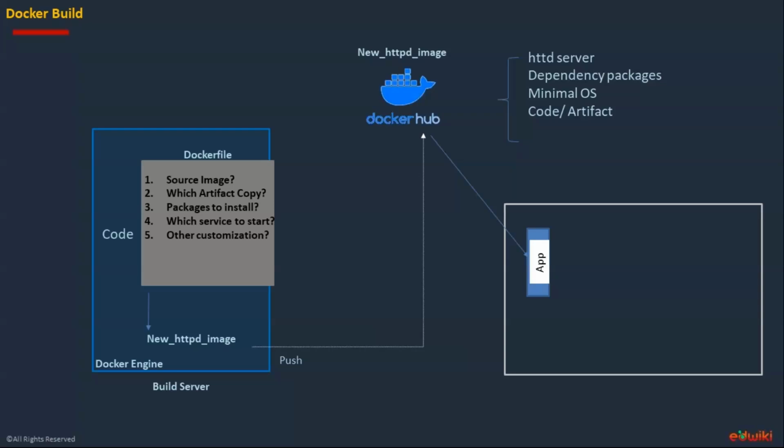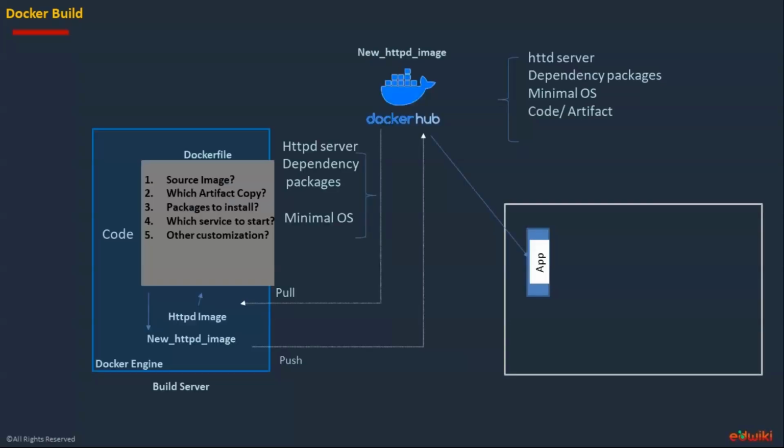When you keep your instructions in a Dockerfile format, it's very easy for us to go and execute the Dockerfile. When you execute the Dockerfile, as part of the execution process, it will take care of the whole exercise to create a new image, and the new image you just publish to your Docker Hub and then use whenever you want to deploy it into the target environment.